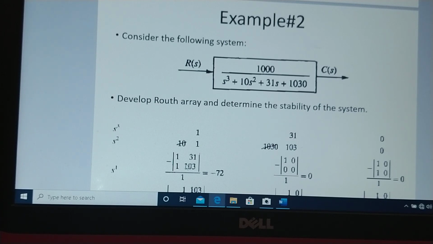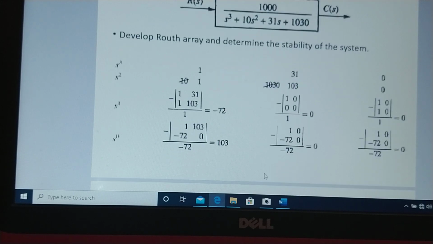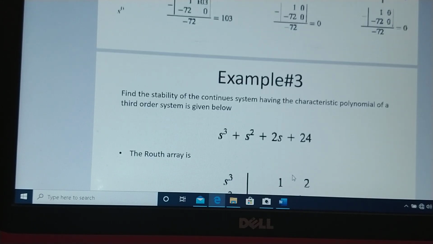Please see how we take the determinant: 1, 31, 1, 103, divided by the coefficient, which is 1. The same way, 1 into 31 minus 1 into 103 gives minus 72. The rest of the coefficients are calculated as 0, 0, and 103, 0, 0.